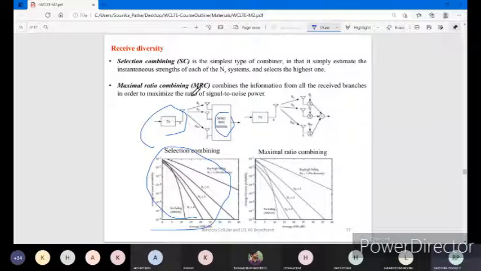Maximal ratio combining means what? There will be multiple ways to transmit. You will take the maximum of how many are transmitted, and that will be selected. Maybe you might have observed this in Milaap, have you observed that? In Milaap, you will be able to make a donation, create that one, and share it when you are sharing information.